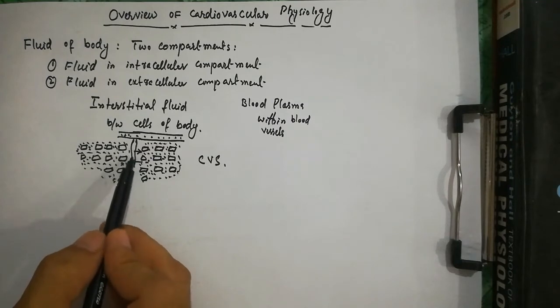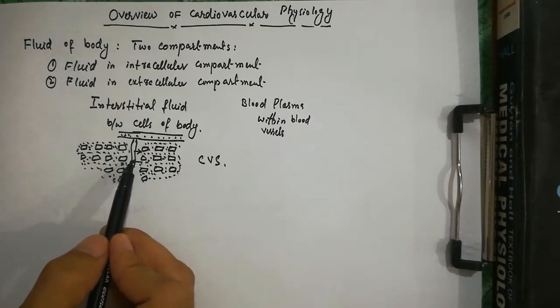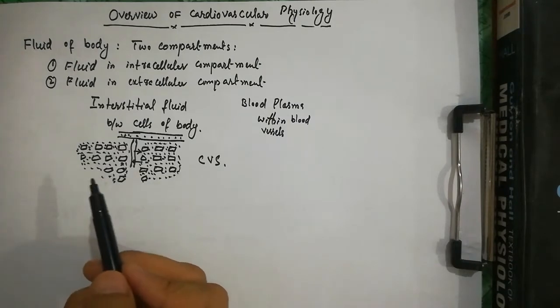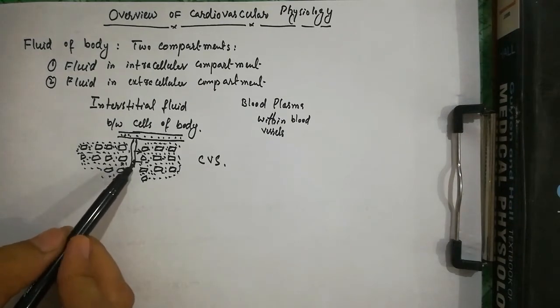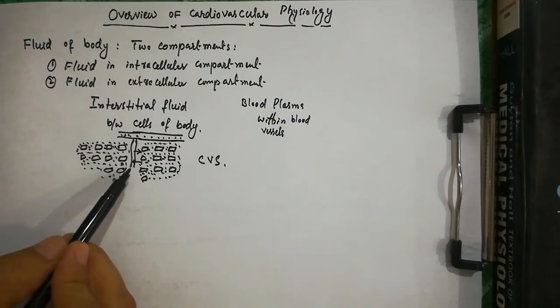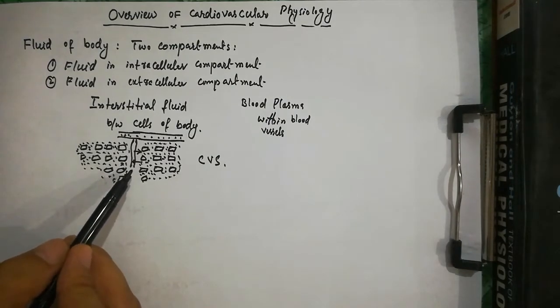This transfer of substances between plasma and cells is facilitated by capillaries, as the thin wall of the capillary provides little resistance and makes diffusion easy.